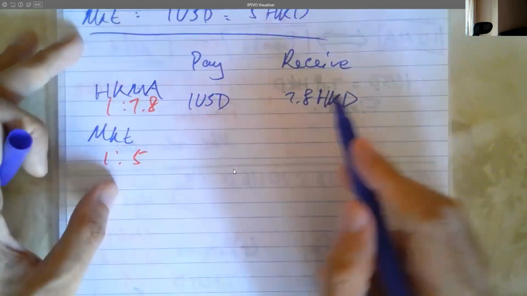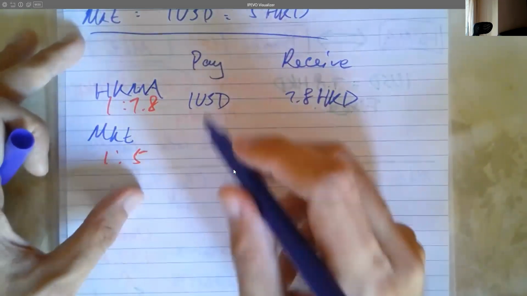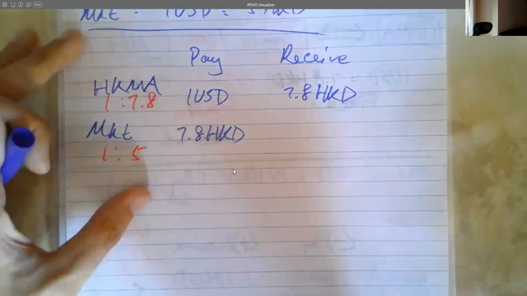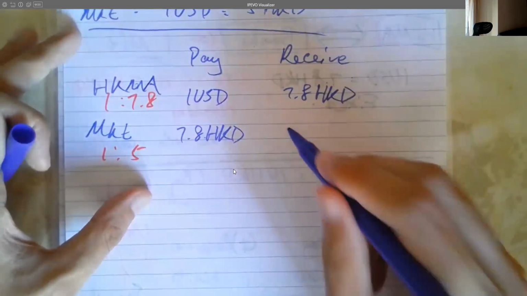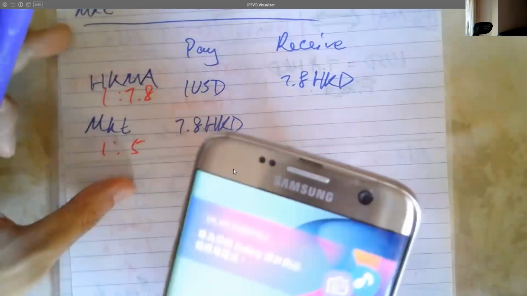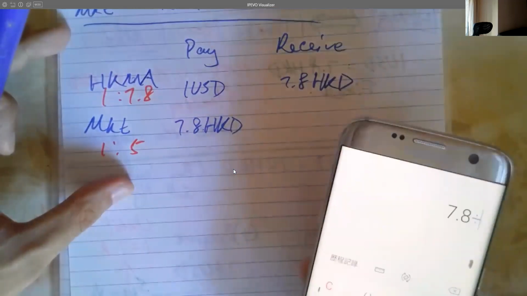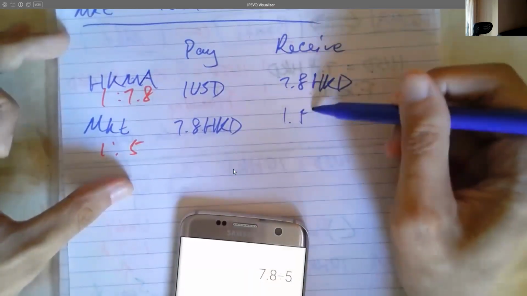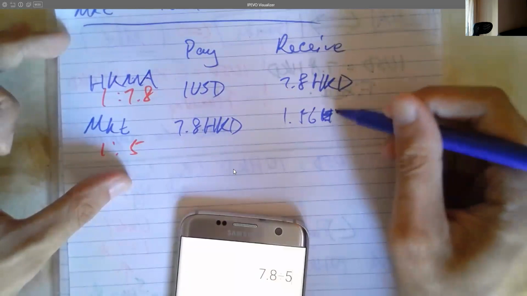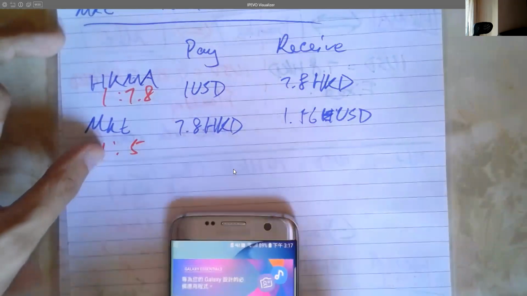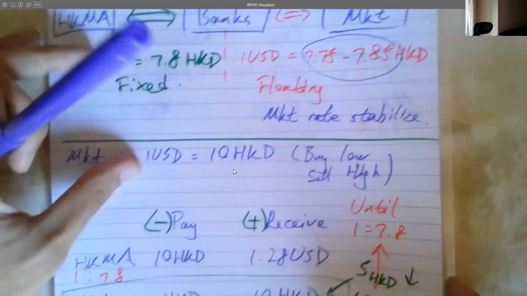Then using this 7.8 Hong Kong dollar, they will sell it in the market to receive how much? Let's see, it will be 7.8 divided by 5 to receive 1.56. This is USD, right?